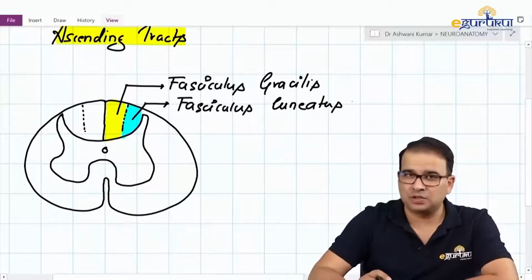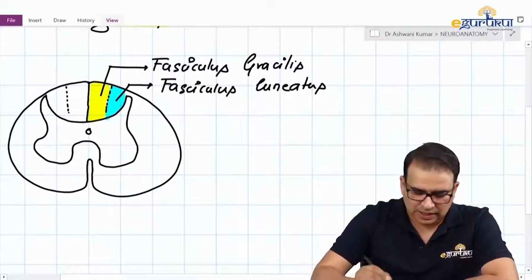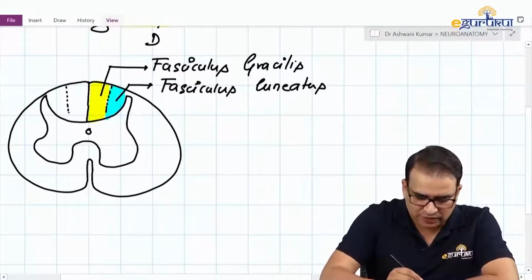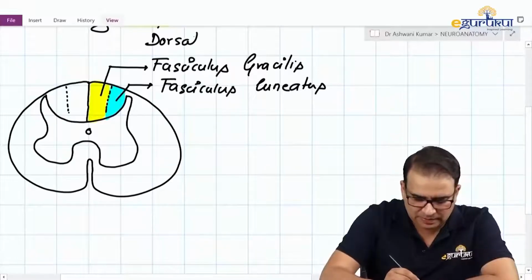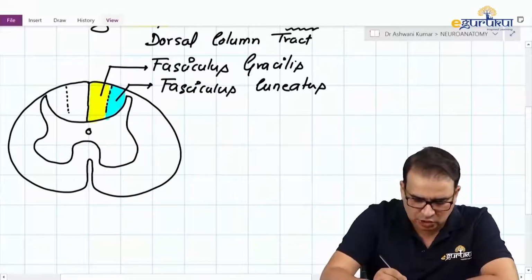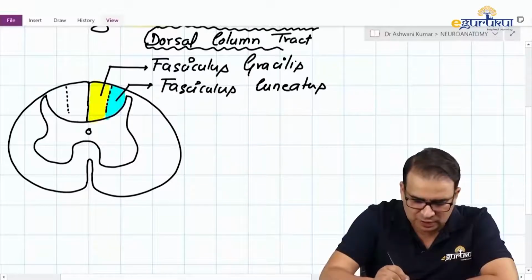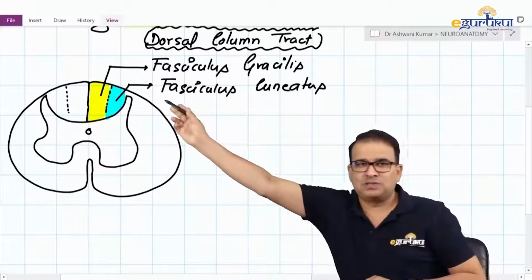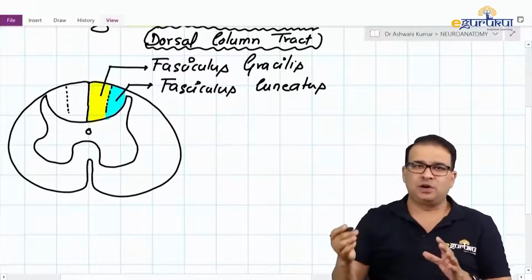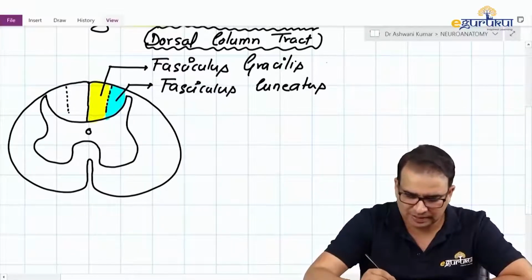Fasciculus gracilis and fasciculus cuneatus. Together they are referred to as the dorsal column tract because they are occupying the entire dorsal aspect of the spinal cord. If you see this, everything in the dorsal aspect is occupied by these tracts, so we call it dorsal column tract. Fasciculus gracilis and cuneatus, the two bundles you will see in there.